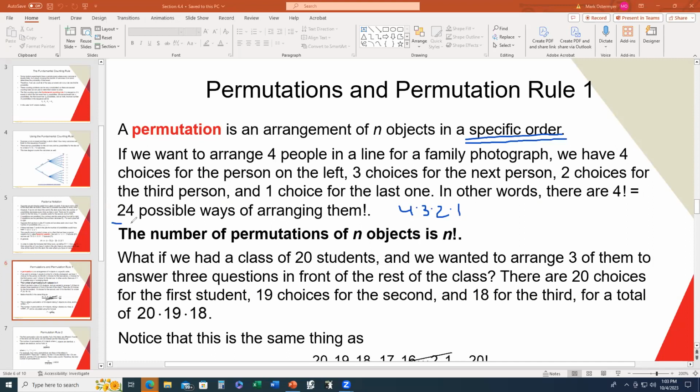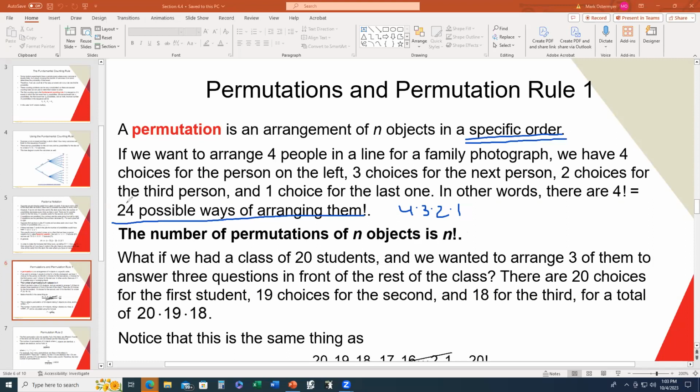There would be 24 possible arrangements here. 24 different ways of arranging these 4 people in a specific order. Now, the number of permutations of n objects, therefore, is n factorial.